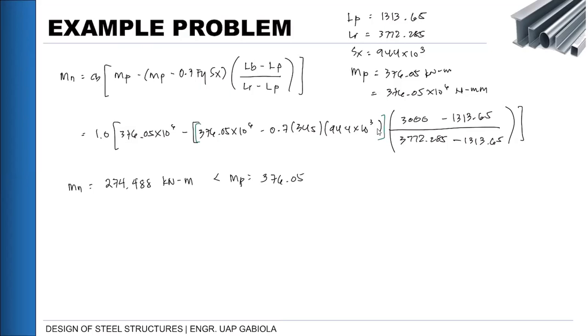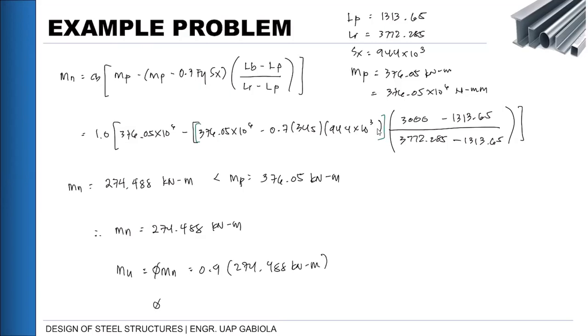So, ito yung nominal capacity natin which is less than dun sa MP natin na 376.05. So, according dun sa step 3 natin, whichever is lesser, yun yung magiging capacity natin. Therefore, MN natin dito is equals to 274.488 kilonewton meter. Okay? And para makuha yung ultimate capacity natin, that will be phi MN. So, 0.9 times yung 274.488 kilonewton meter.